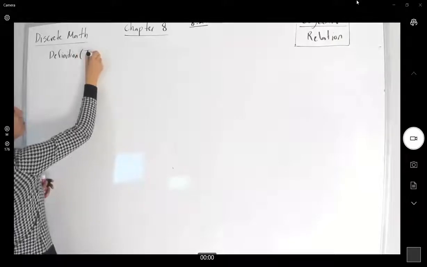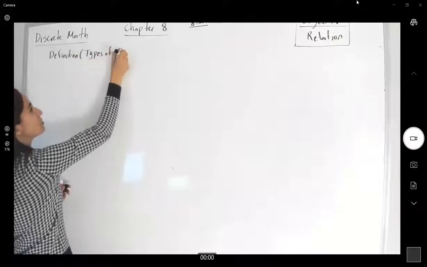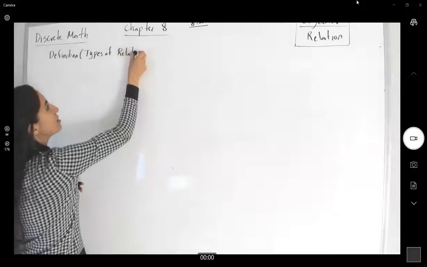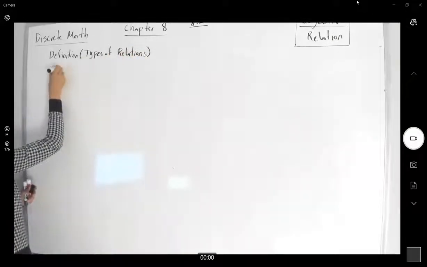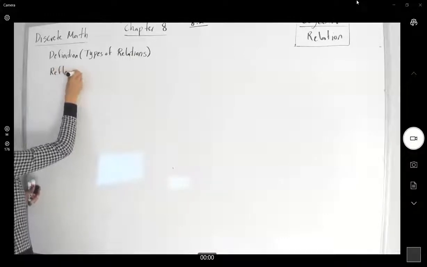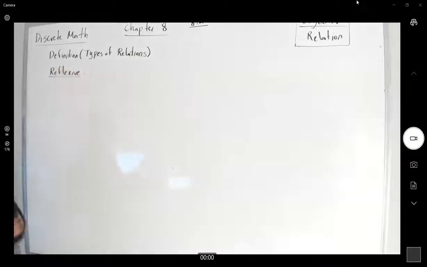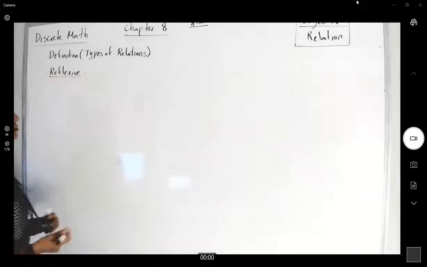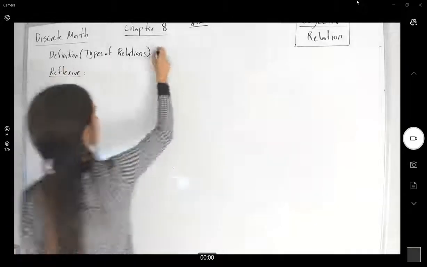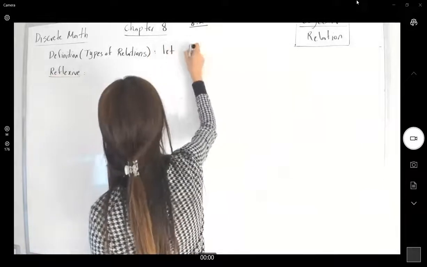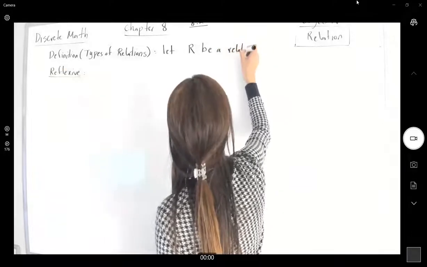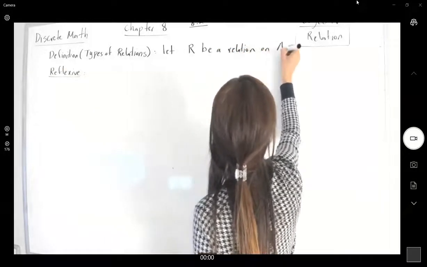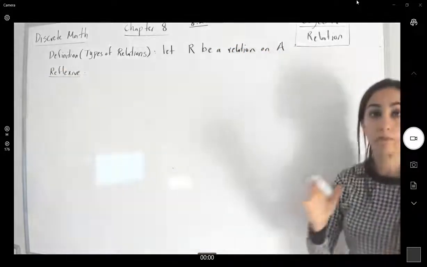Types of relations. Reflexive relation. So first of all, let R be a relation on set A. What's the meaning of that?